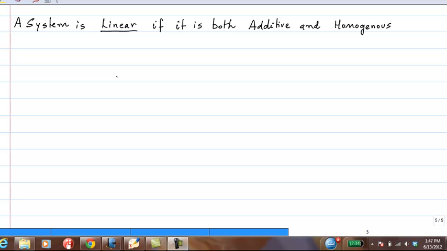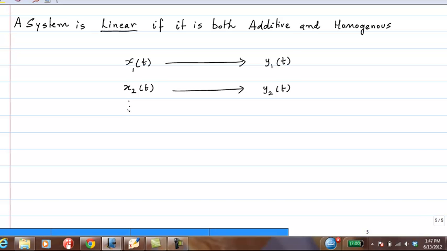Now, what this means is that if I have a linear system which, let's say, produces the output y1 of t for input x1 of t, and x2 of t produces the output y2 of t, so on and so forth, and I have a total of n signals, xn of t, each producing outputs y1 through yn.